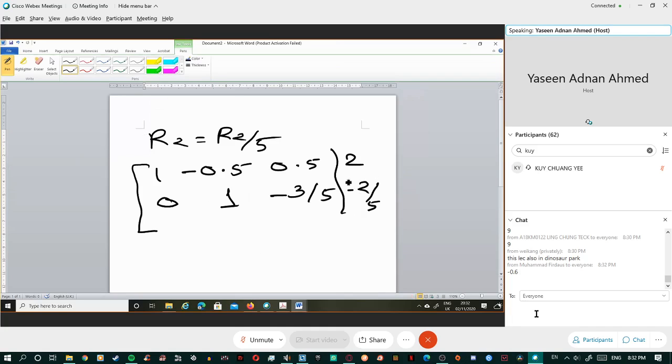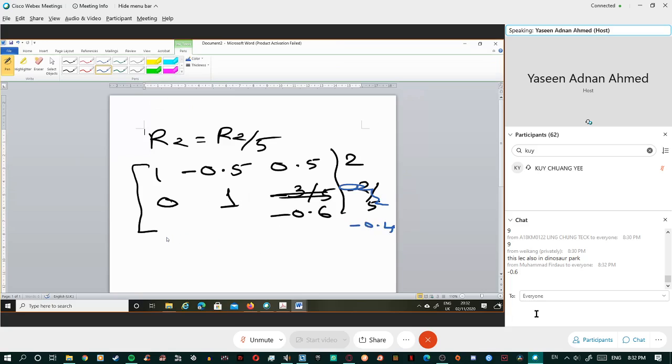Yeah, you can write 0.6, no problem. Better you fix on the decimal points. So it's minus 0.6. This one, 2 by 5, is 0.4. I think I solved this problem in the video, but it's okay. Minus 0.4, right?